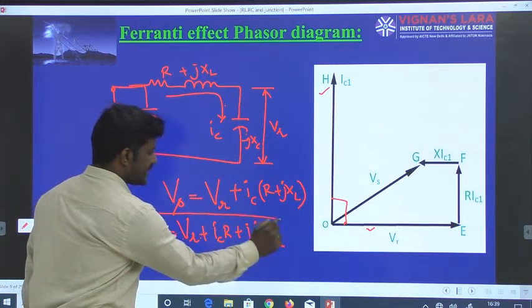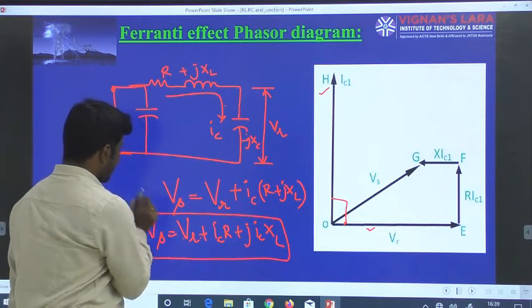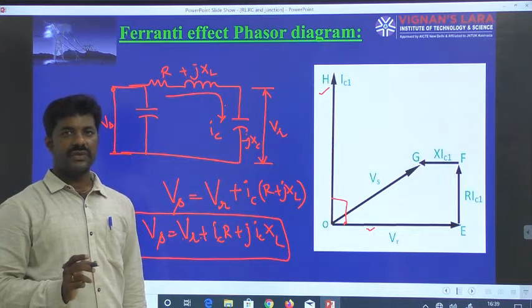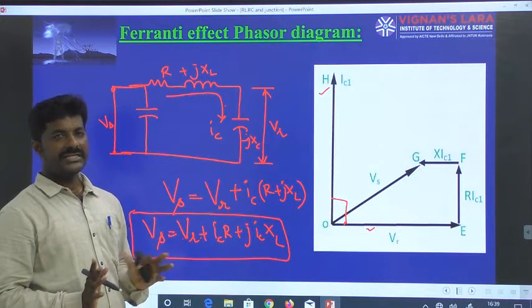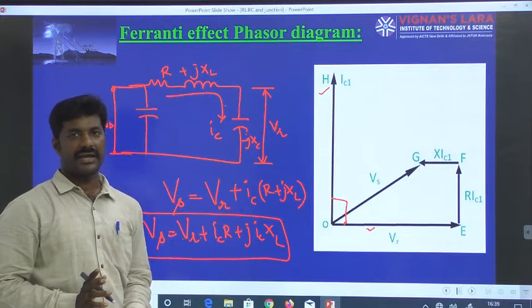If you implement this KVL equation in our phasor diagram, then we will come to know whether VR is greater than Vs or not, as per the Ferranti effect. So let us implement this equation in the phasor diagram.